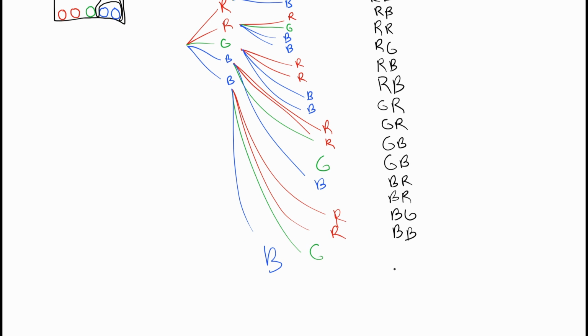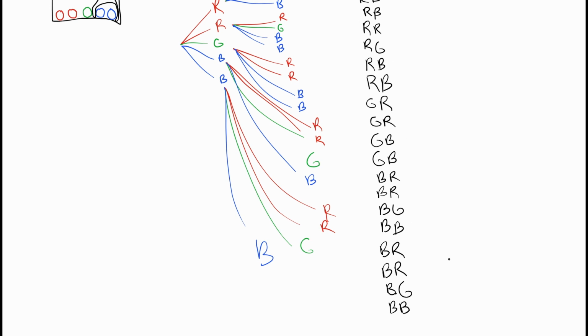But what we're looking for is 2 blues in a row. And so how many times does that happen? Right here and right here. So there's only 2 cases where I get blue twice.